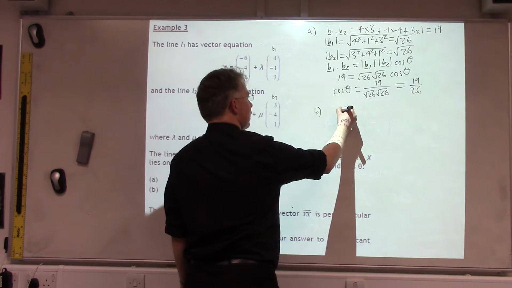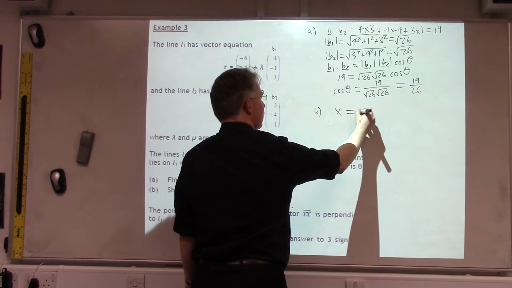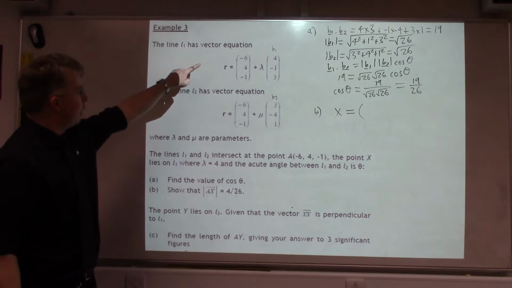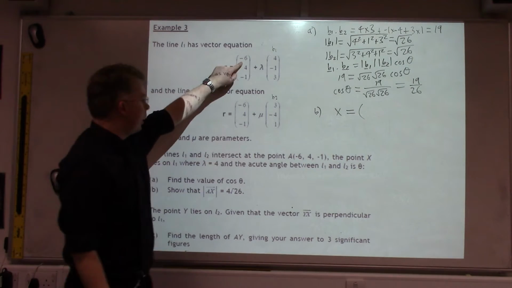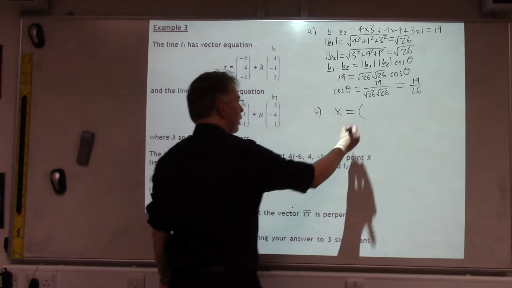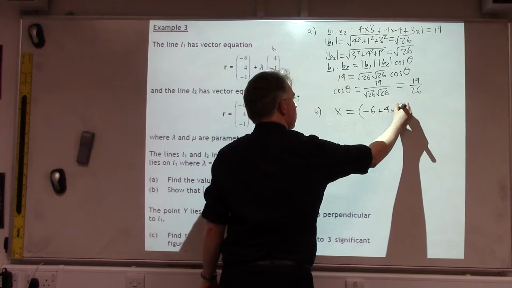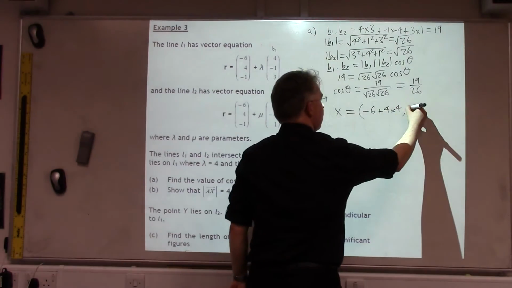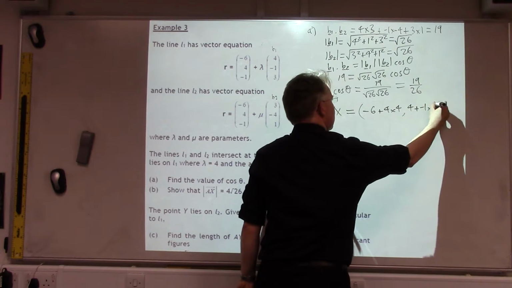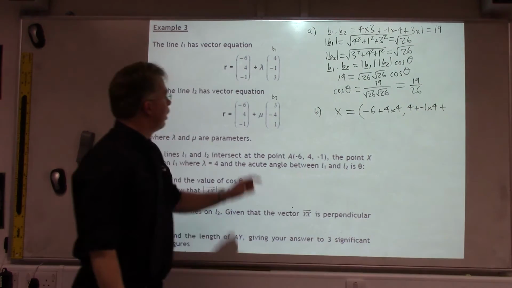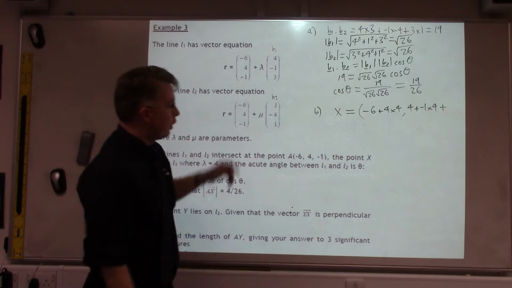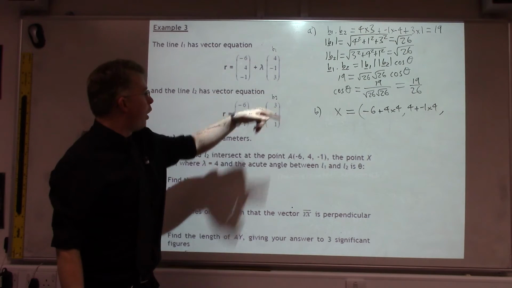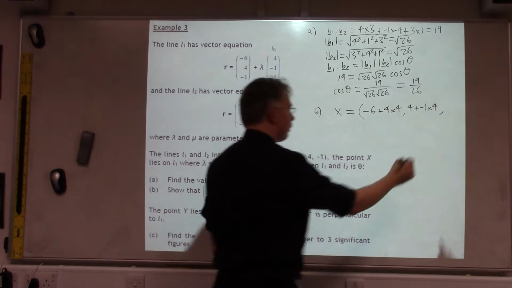So for X, doing it as a coordinate rather than a vector, this is L1, minus 6 plus 4 times 4, comma, middle coordinate, 4 plus minus 1 times 4, comma, final coordinate, minus 1 plus 3 times 4.